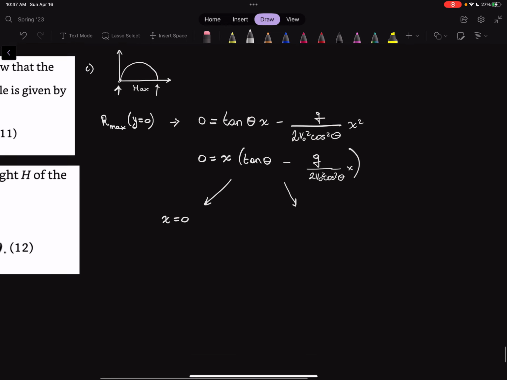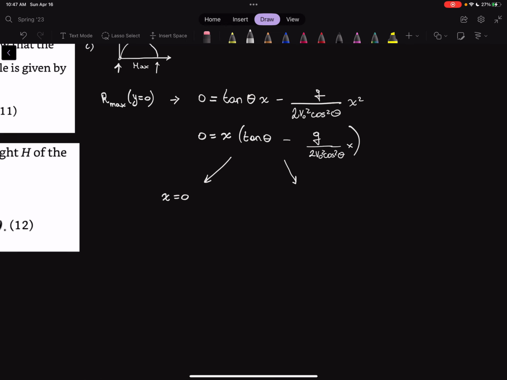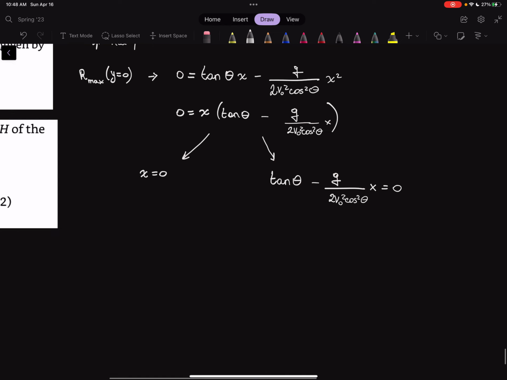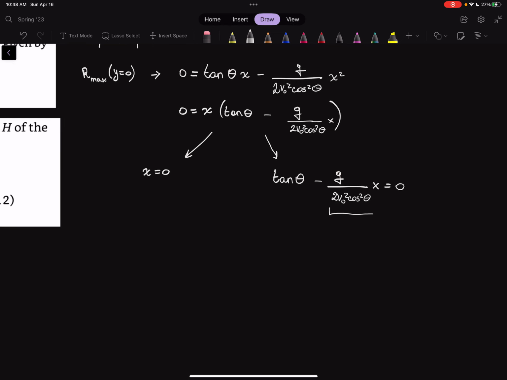So then, if that has to be equal to 0, we're going to have tangent of theta minus g over 2 v naught squared cosine squared of theta times x equals 0. Now if I add this term to both sides, what I get is this.